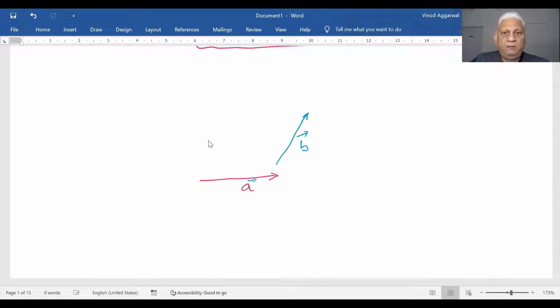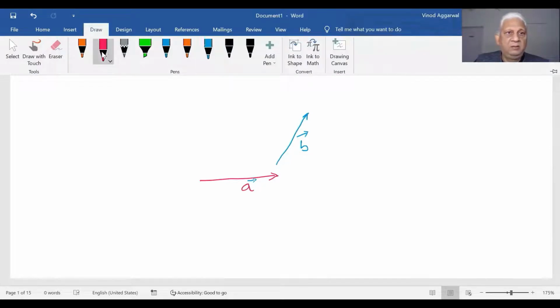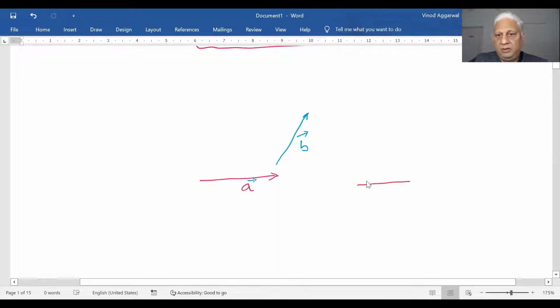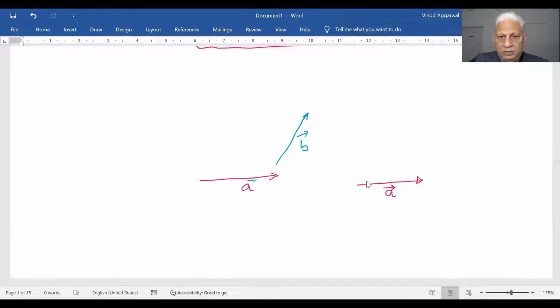What we do is we take component A whose magnitude is proportional to A. Now this vector is represented like an arrow. This is called the foot of the arrow and this is called the head.